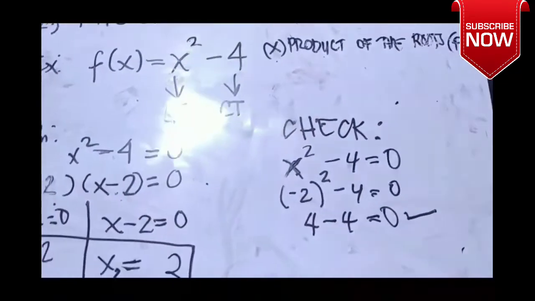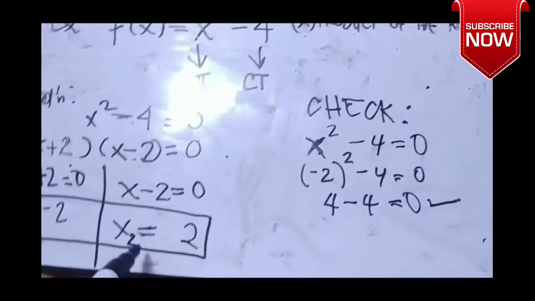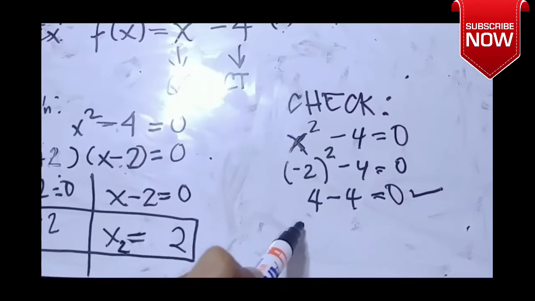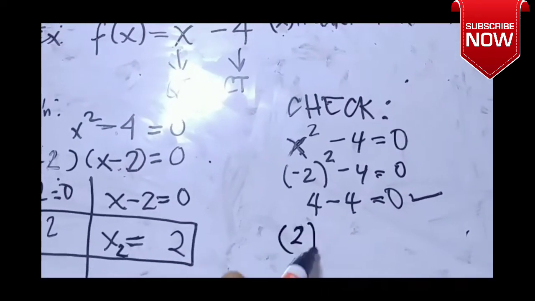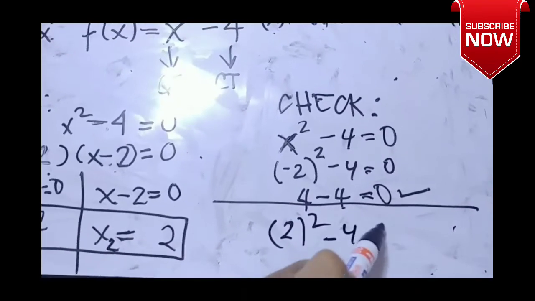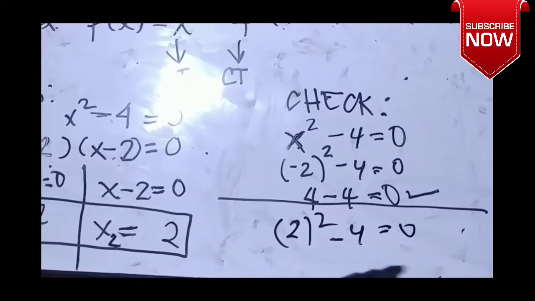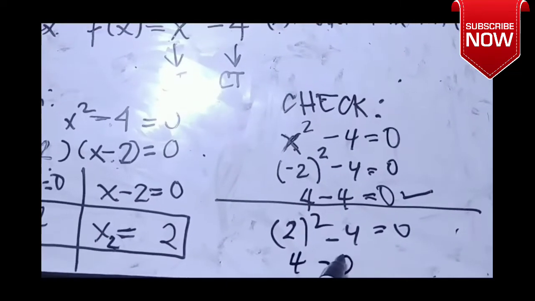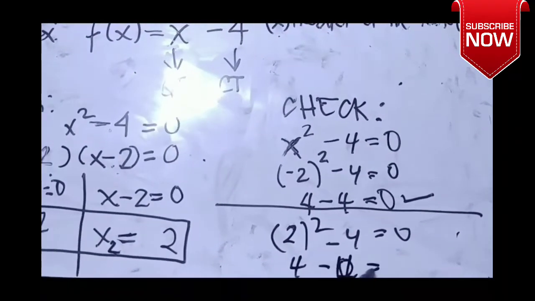Then, sa isang value, the positive 2. That's 2 squared minus 4 is equal to 0. 2 multiplied by itself, that is equal to 4 minus 4, still 0.